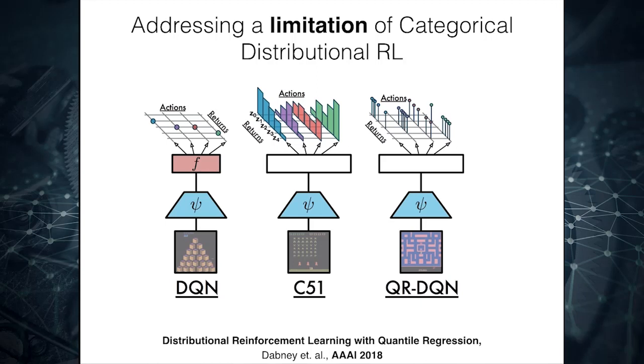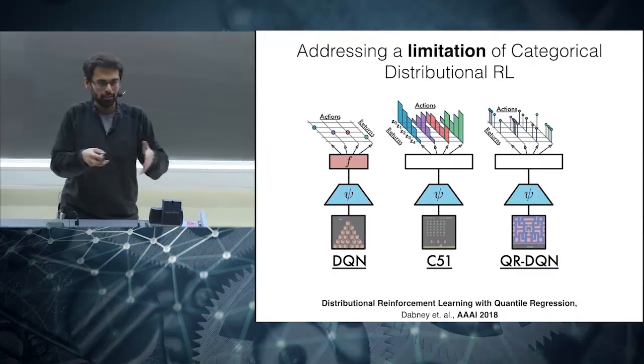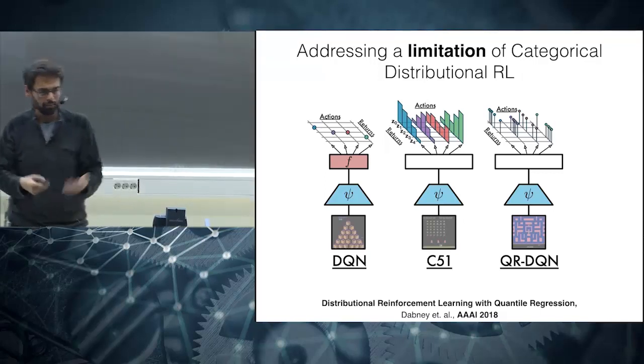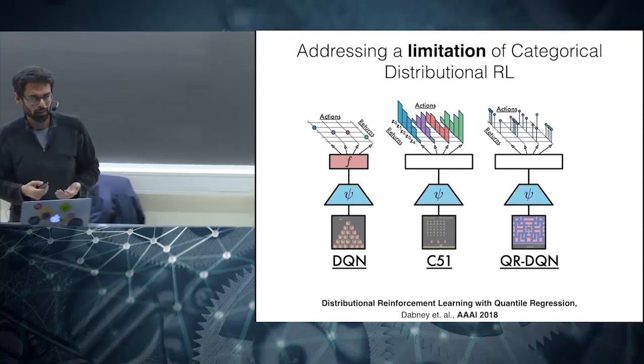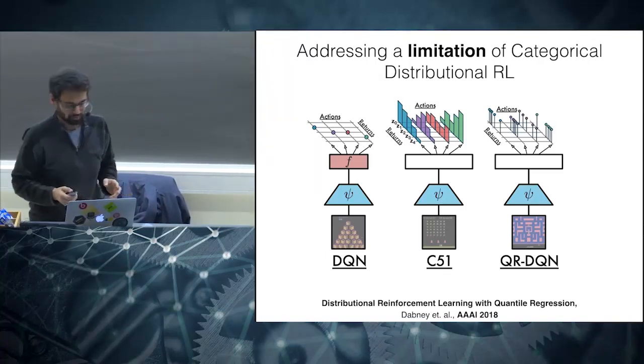You define a minimum return, a maximum return, and you form bins. What if it goes outside? Or not even that: even if it's staying within, the target does not fall into the bins as is, it has to be projected back. And that approximation is not very nice mathematically to think about.